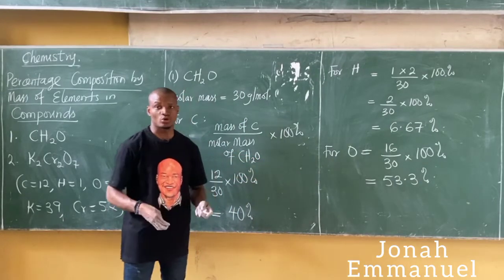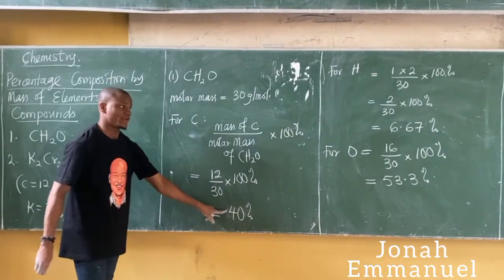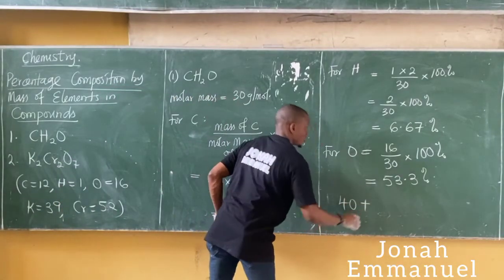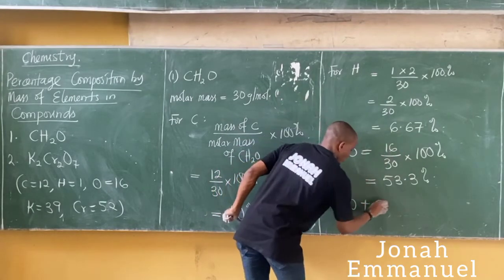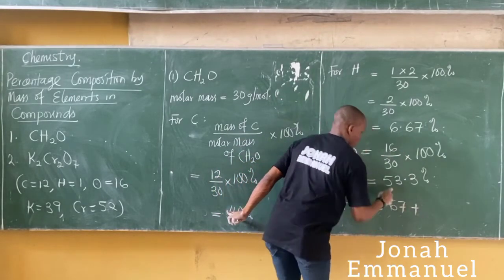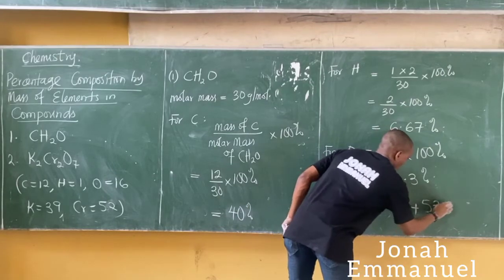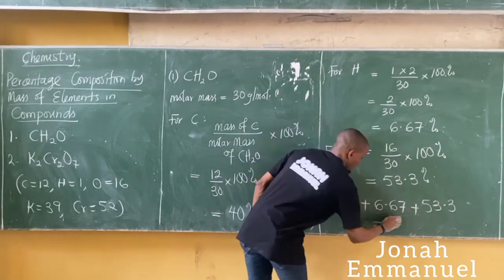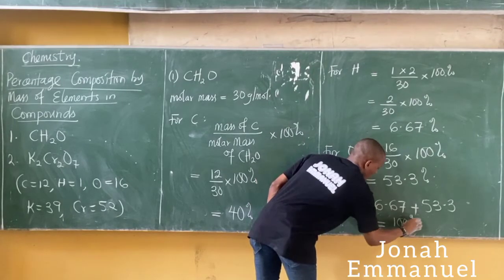Now, this is what I want to show you. Look up. What's this value here? 40. So let's do 40 plus, what's this value here? 6.67 plus how many here? Combine this, what do you get? 100%.